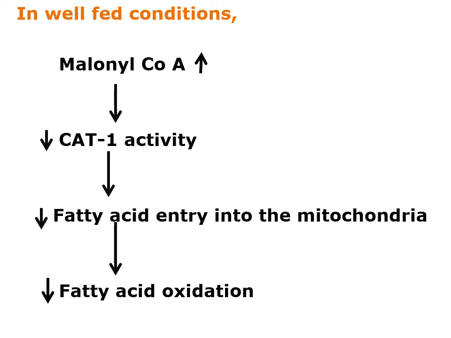So in well-fed condition, the intermediate of fatty acid synthesis, malonyl-CoA, is increased. That will decrease the activity of CAT1, and if CAT1 activity is decreased, less fatty acid enters the mitochondria, so there will be decreased fatty acid oxidation.